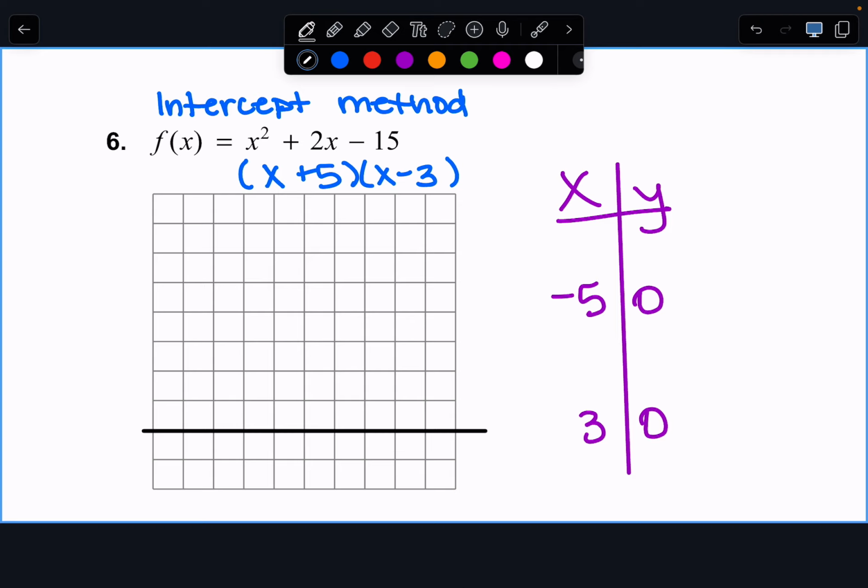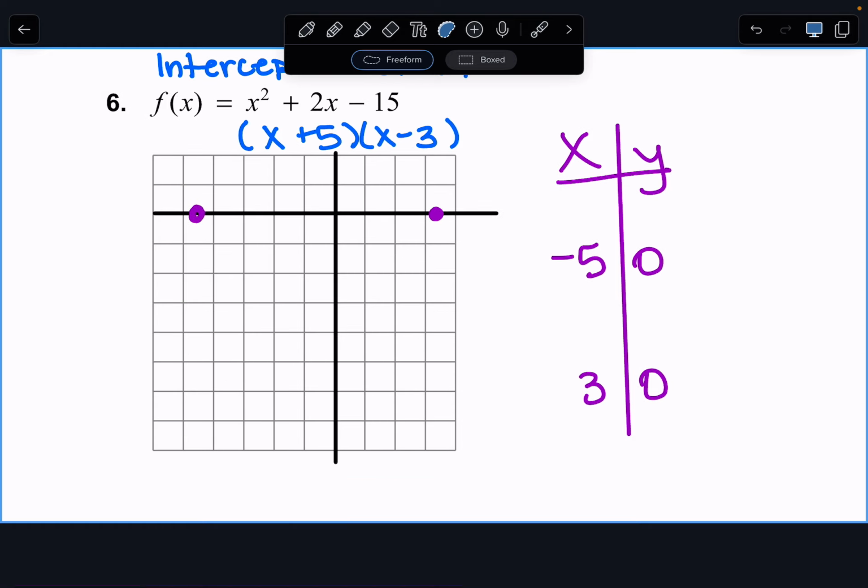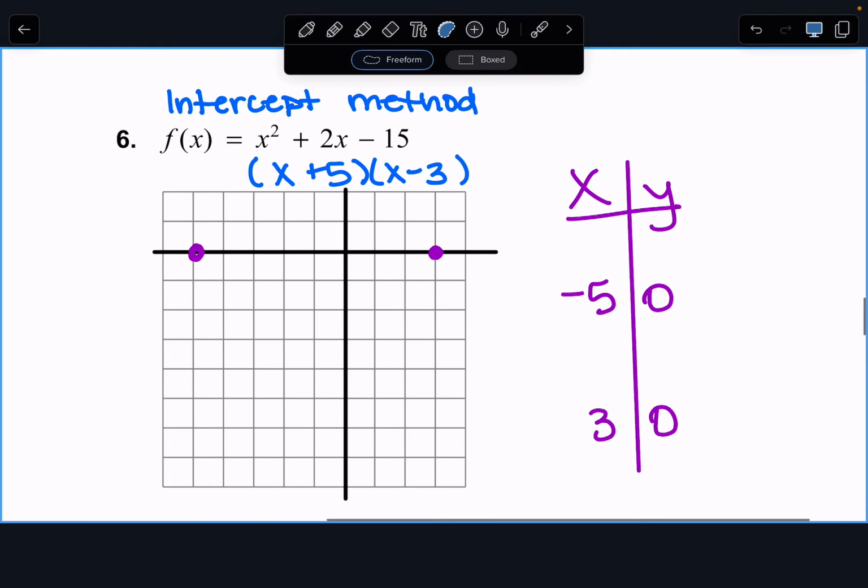Which direction is this going to open? Up or down? Up. We know that because our A value is positive. Okay.